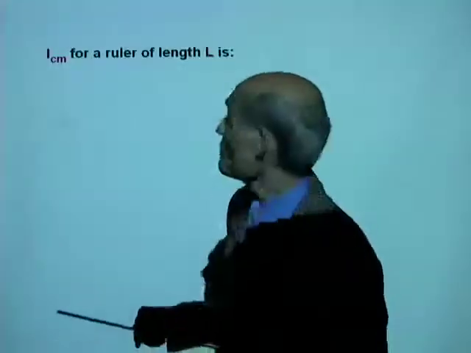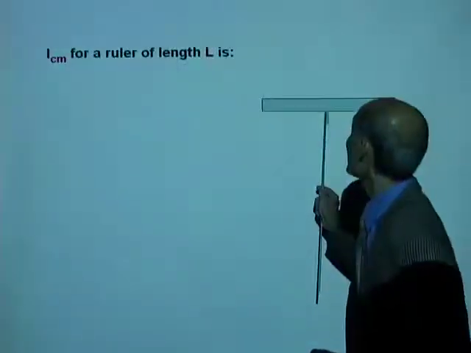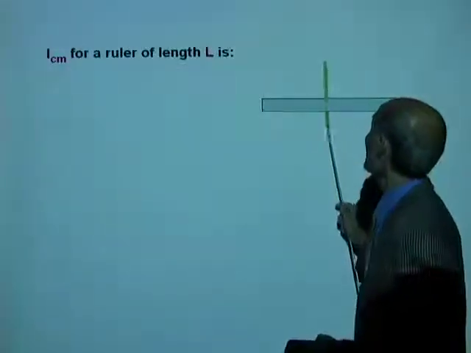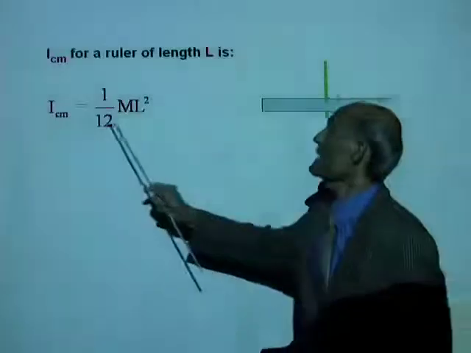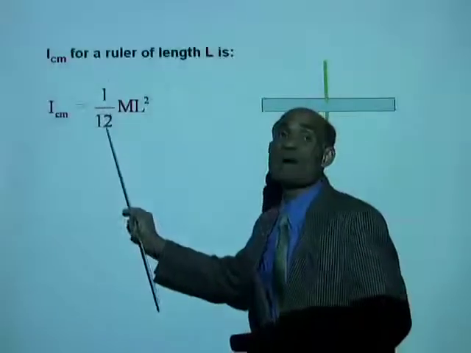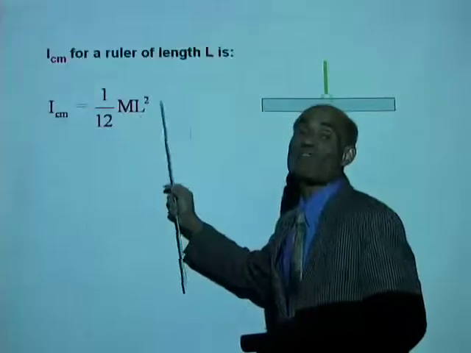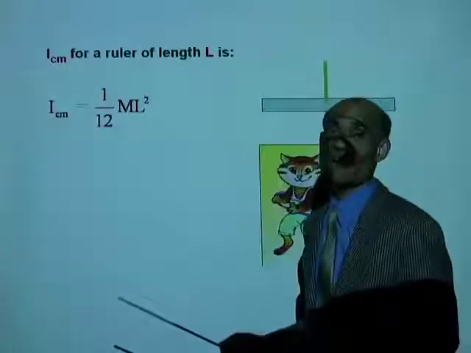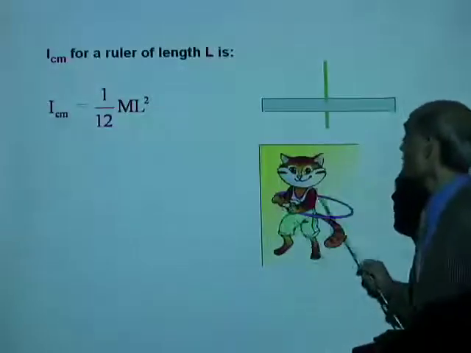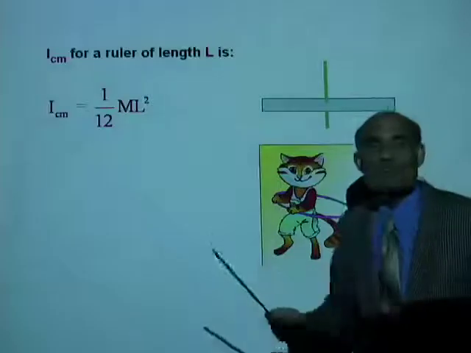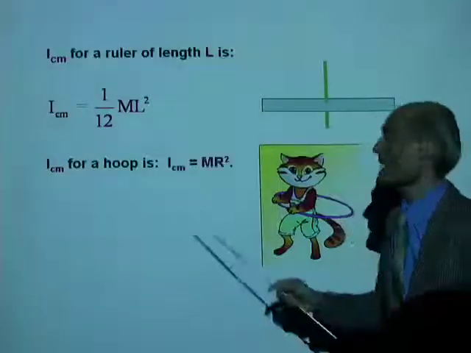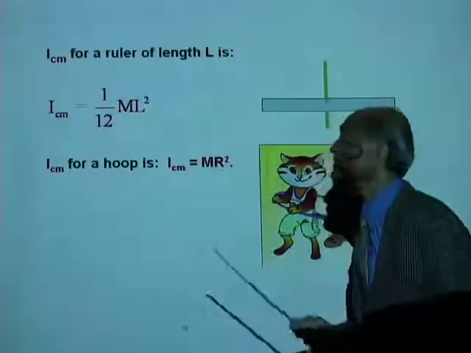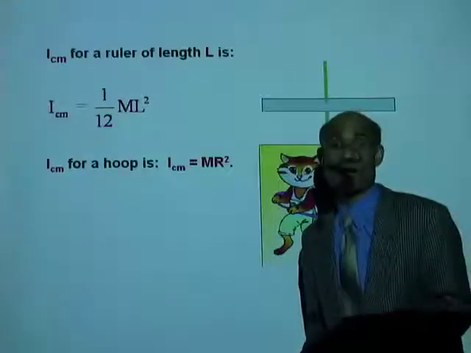So I center of mass for a ruler like this about an axis through its center of mass is 1/12 mL squared. And finally, what is the moment of inertia of a hoop? That will be I center of mass equals mr squared.